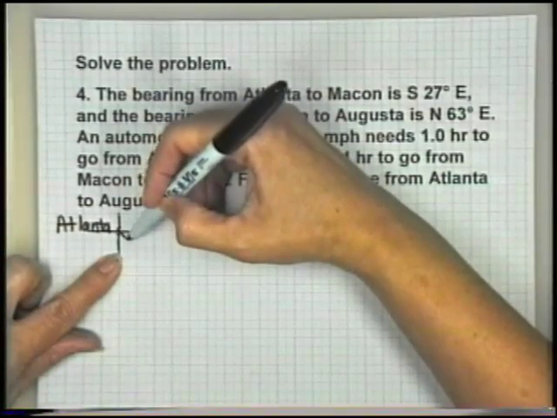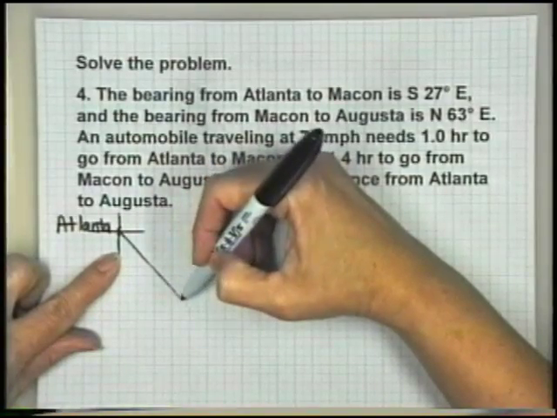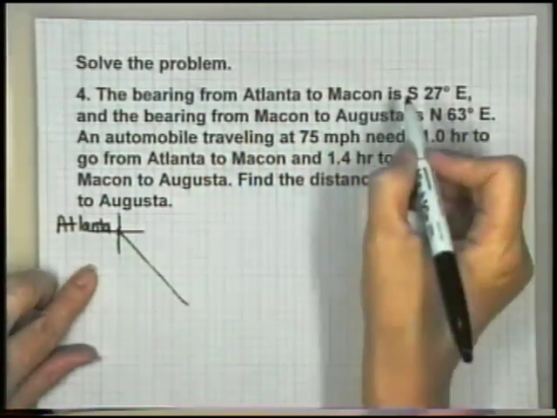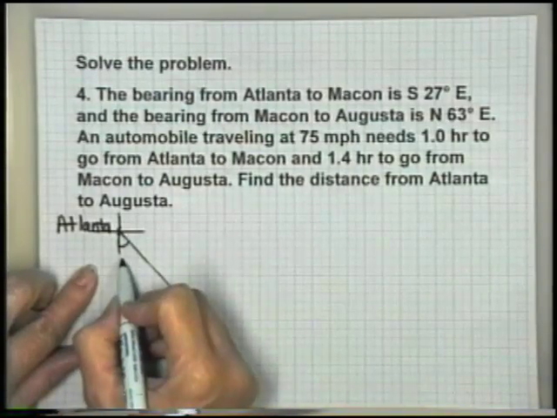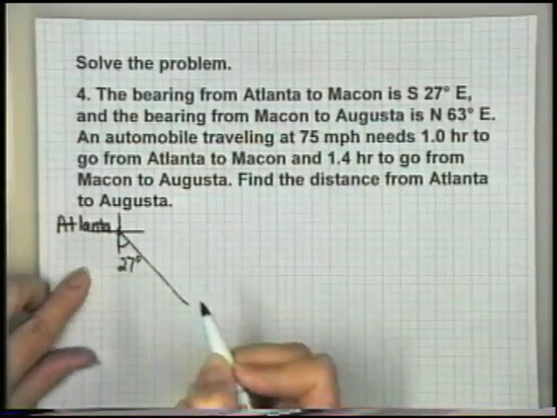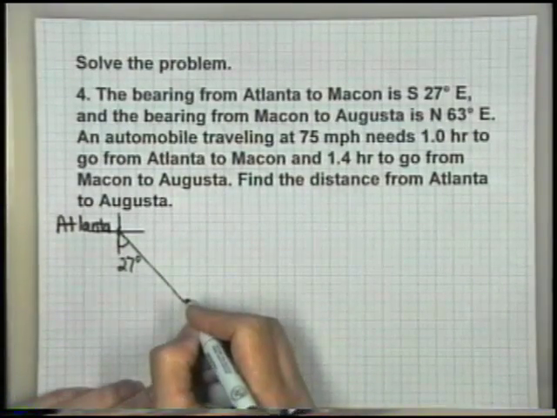So I know that Macon is out here, and I'll just sketch it a certain distance. But what's important about this is I know that this angle right here is 27 degrees. So I want to label that angle.